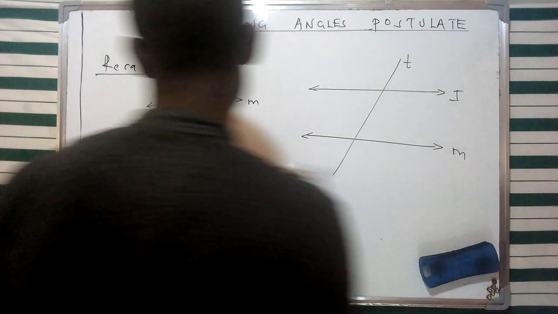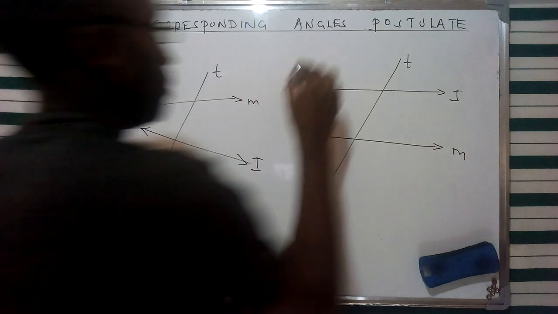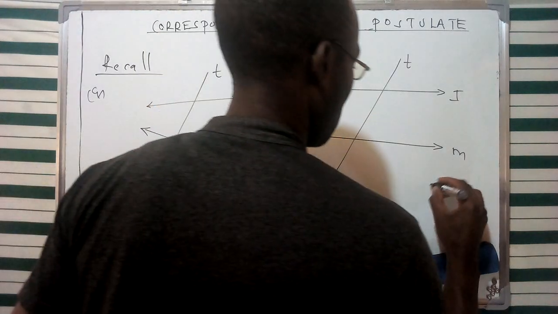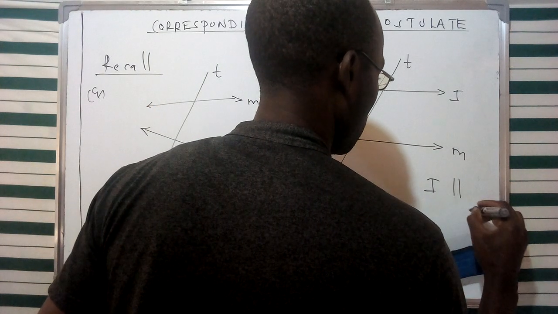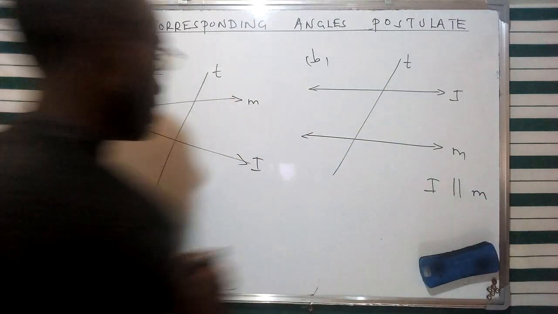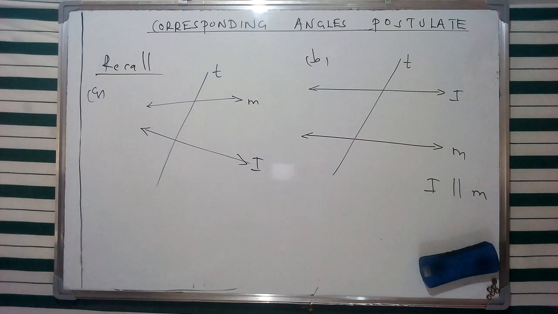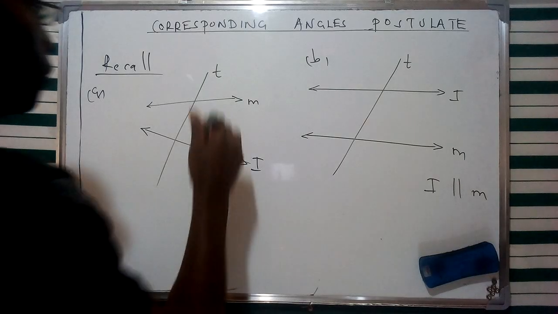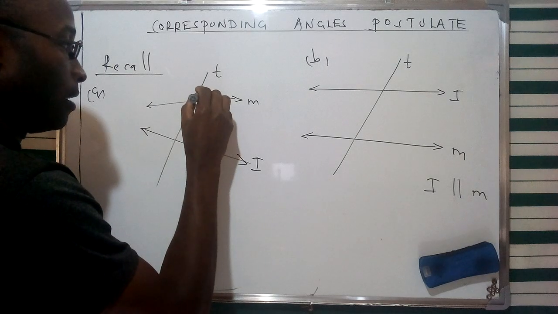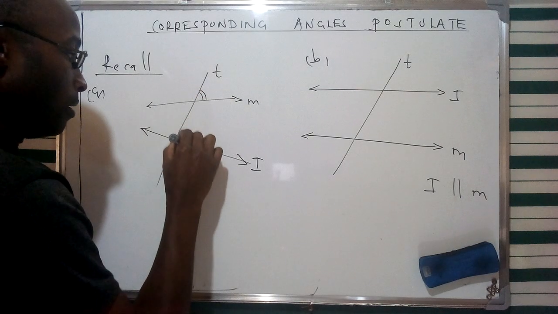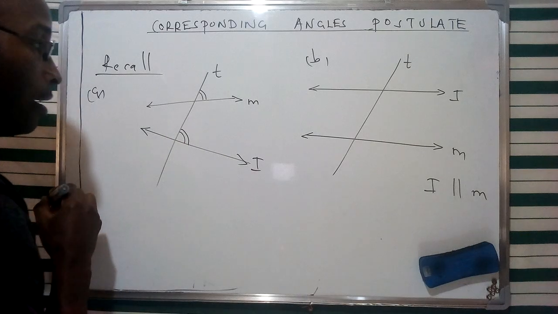In this second case, let's say this is a case for A and B. I'm going to have this case B whereby l is going to be parallel to m. And if we look at these two specific examples, we're going to have what we refer to as corresponding angles, which are going to be on the same side of these lines l and m.